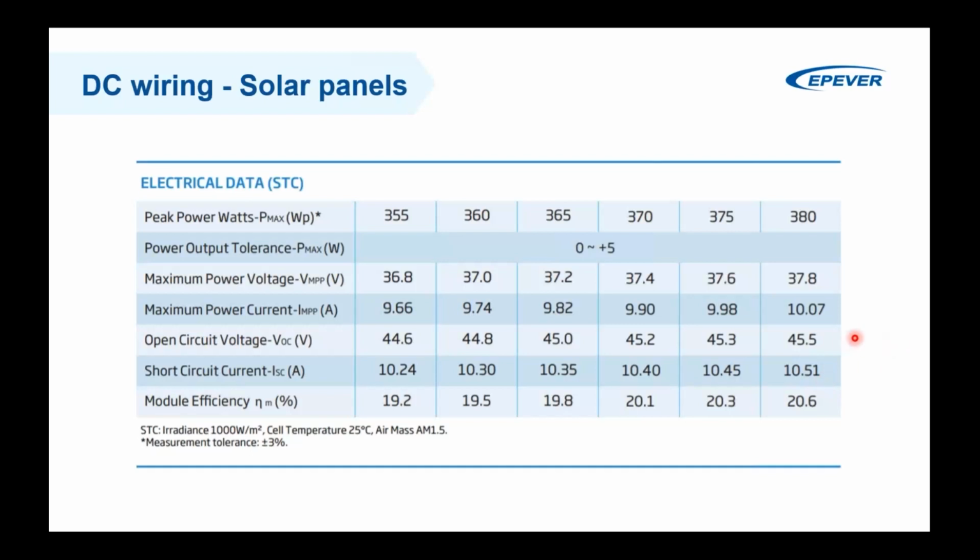It matters because it will determine the wire size and the charge controller size. Any charge controller that you select must be compatible with the solar array or the solar string that you combine together. The voltage should not exceed the maximum PV input voltage of the charge controller, and the current should not exceed the charging or discharge limit of the charge controller.